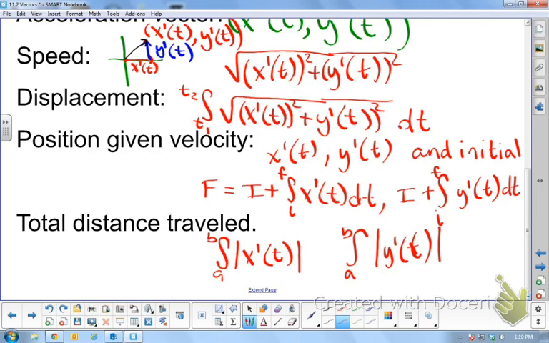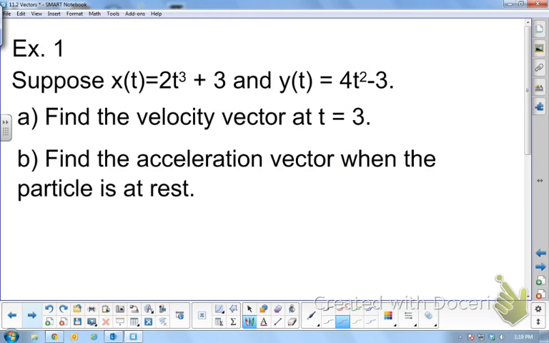So let's do an example in one second. I'm gonna let people finish writing stuff down.